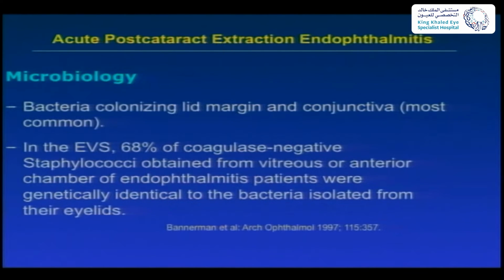In the Endophthalmitis Vitrectomy Study, genetic analysis showed that about 70% of the coagulase-negative staphylococci isolated from the eyes with endophthalmitis are the same as bacteria colonizing the lid margin and conjunctiva, which means that the main source is the patient's own flora, which means that we have to pay a lot of attention to cleaning the ocular surface.